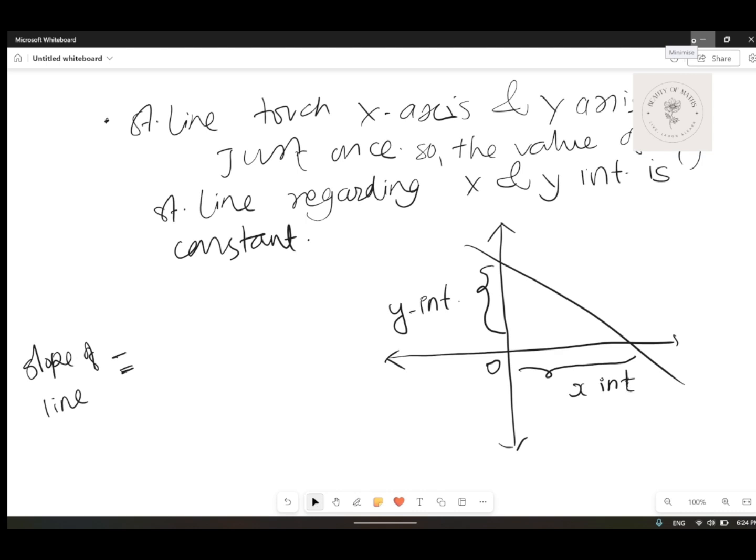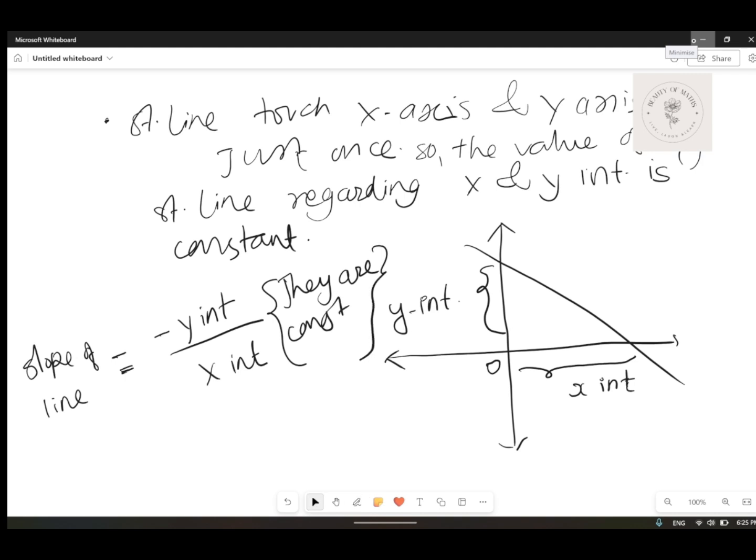Okay, so this will be negative of y-intercept divided by x-intercept. Okay, and this thing, you do not have to panic, they're constants.